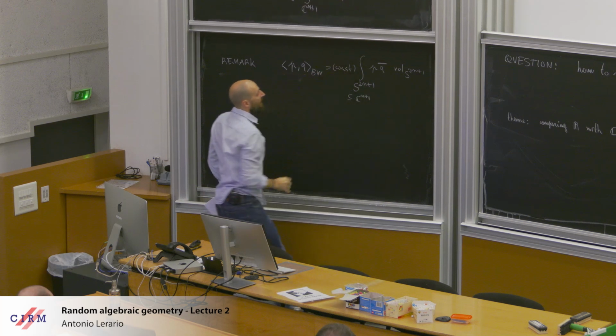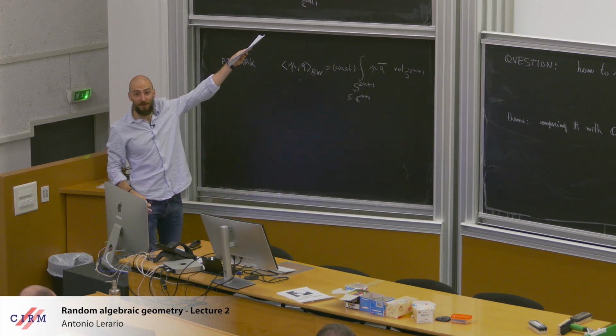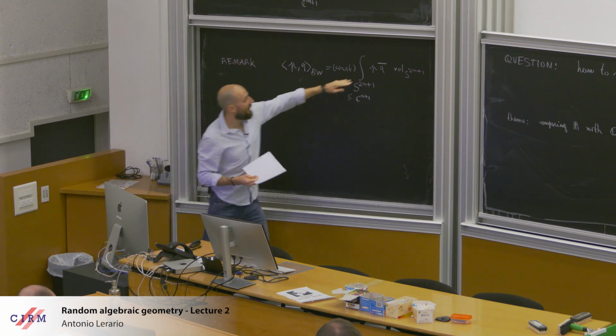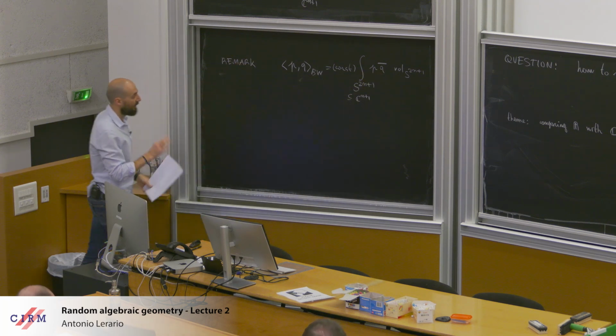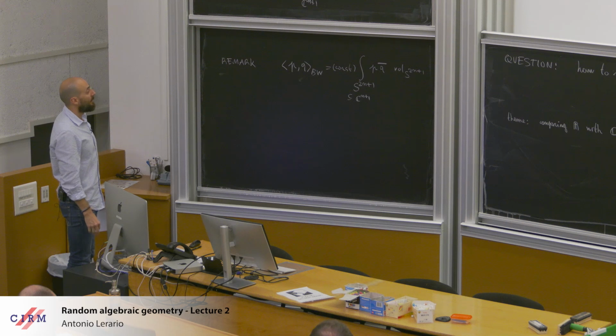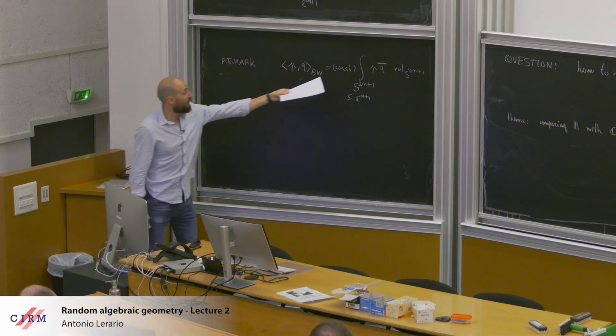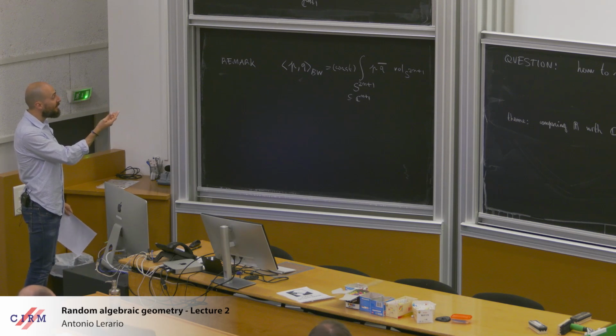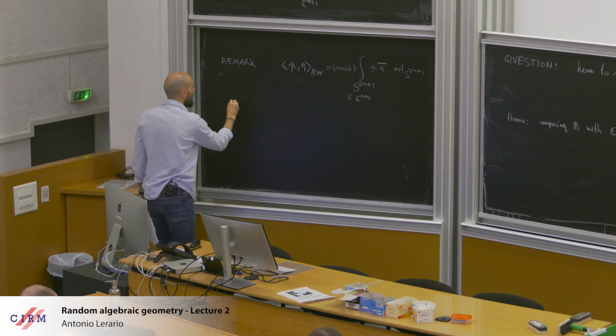Because you can just pass to polar coordinates over there. The polynomials are homogeneous, and you just get this description. There is a little bit to play for this constant. But from this description, you see that this is unitary invariant.